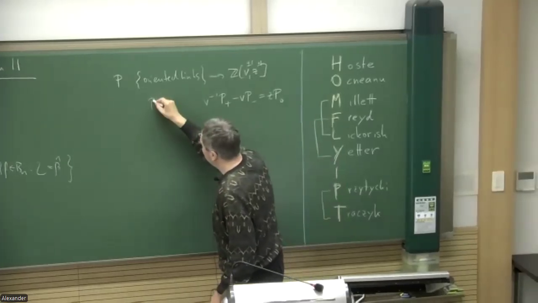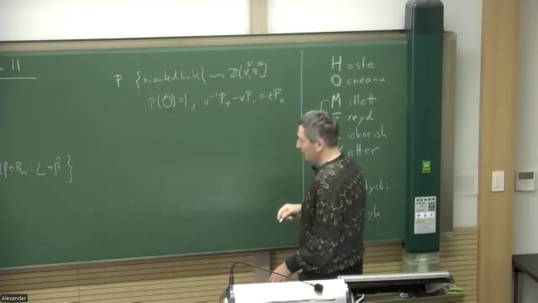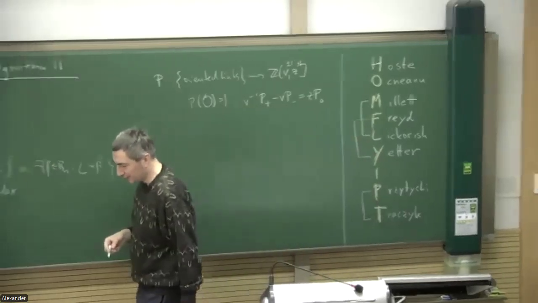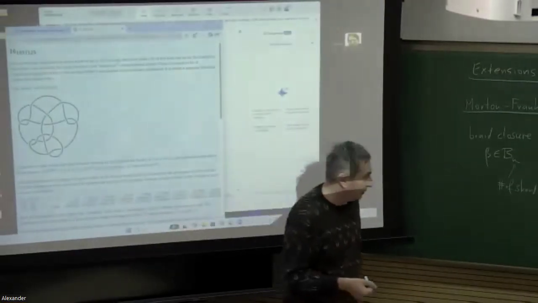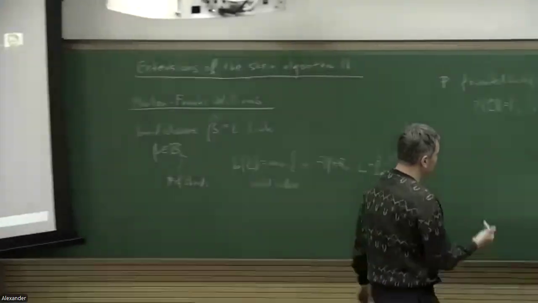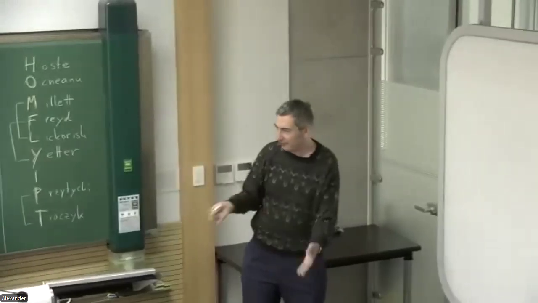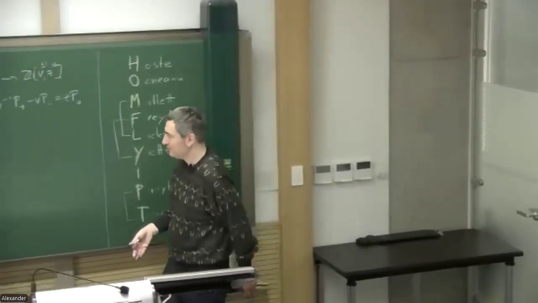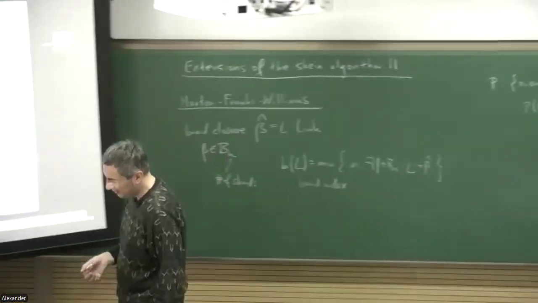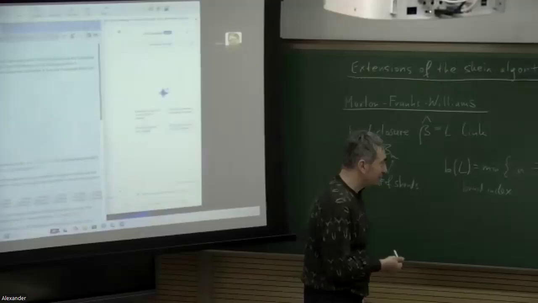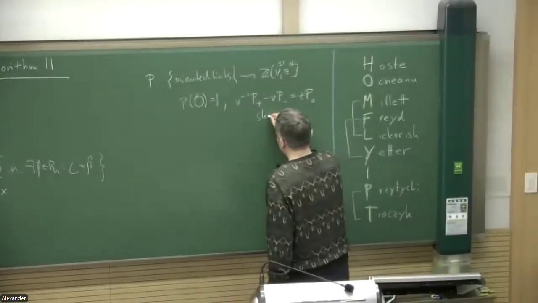And I didn't say this all the time, but the normalization for the unknot is that if you have an unknot, then the polynomial is 1. So this skein relation will determine the polynomial up to factors. Of course, if you multiply everything by a factor, it will still satisfy the same skein relation, so you have to normalize it, and the normalization used is that for the unknot the polynomial is 1. So this was the skein relation.